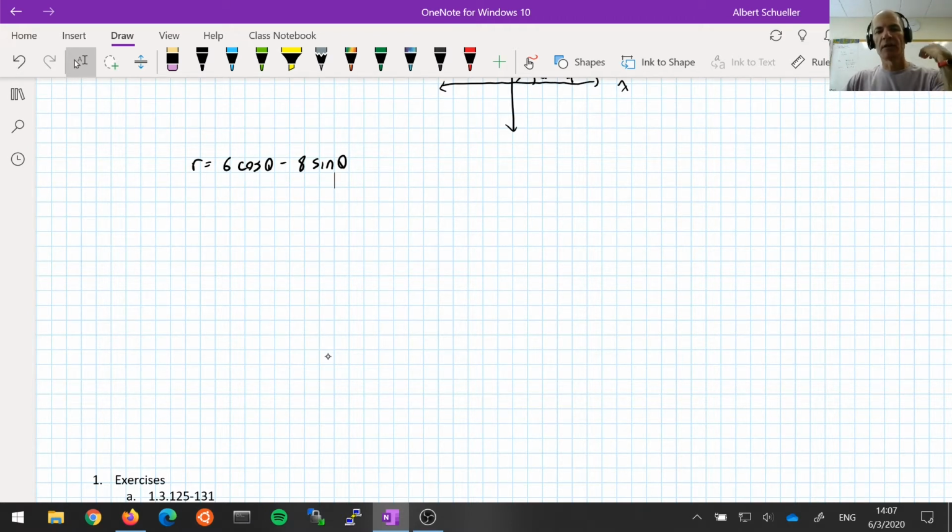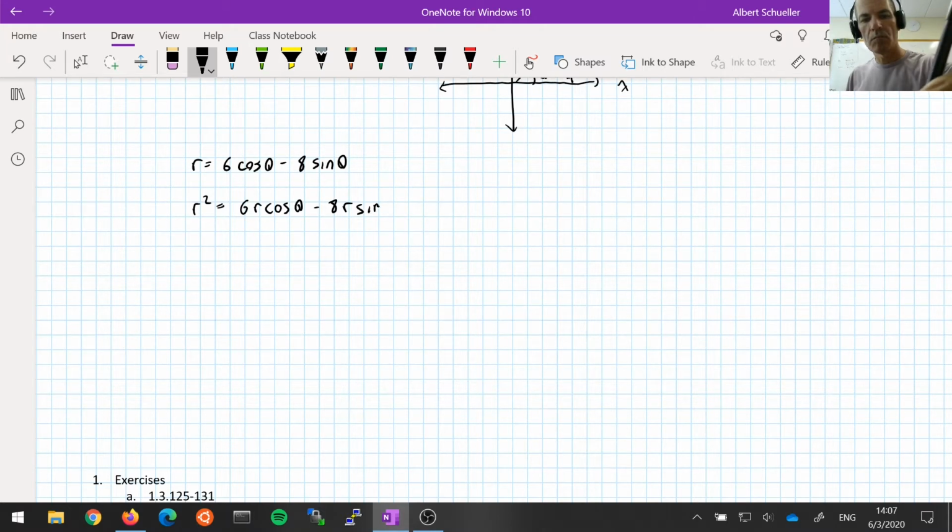Sometimes it involves a bit of a trick or a bit of a manipulation to get the Cartesian to polar formulas to appear. And I happen to know, having worked on this a little bit before I started this lecture, that if I multiply through this equation by r, I get this.